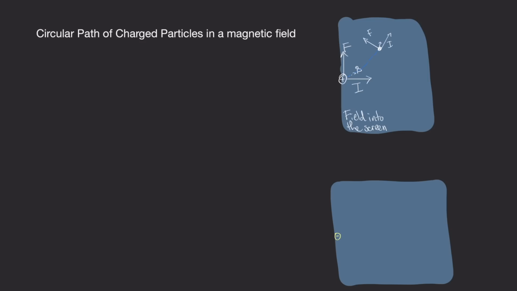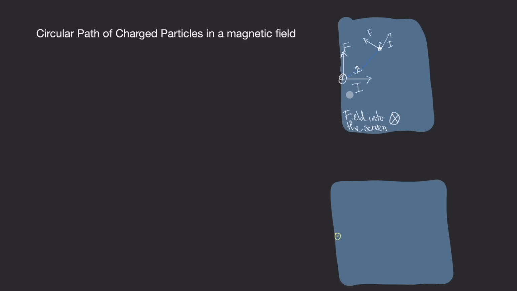And now let's have a look at the circular path of charged particles within a magnetic field. We're going to imagine first of all that we have a positively charged particle which is moving to the right. If that's the case, the direction of conventional current is exactly the same as the direction of the motion of the particles. Both of them are to the right. We're going to have a field which is into the screen in this region across here.